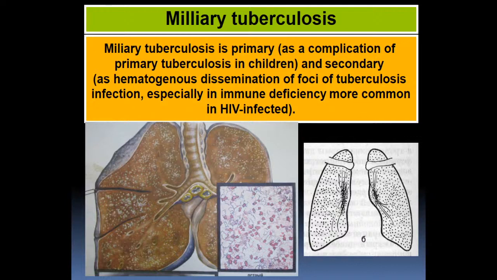It's a result of endogenous reactivation of old changes inside the organism. More often it can form after primary TB, tuberculosis of intrathoracic lymph nodes, and primary tuberculosis complex.